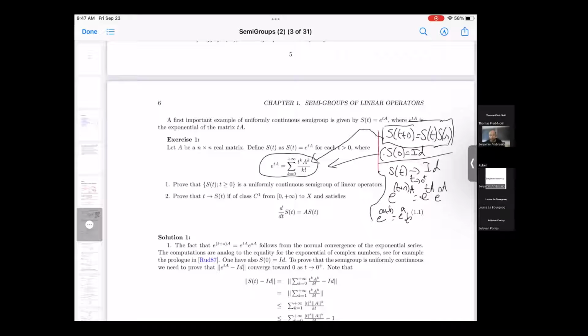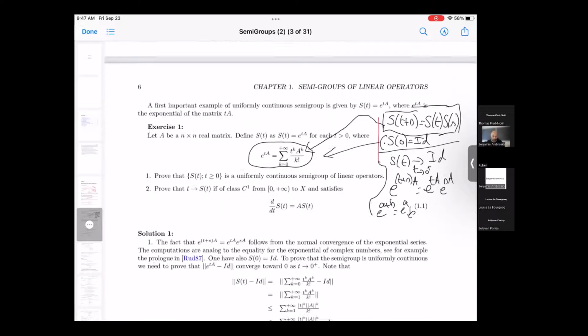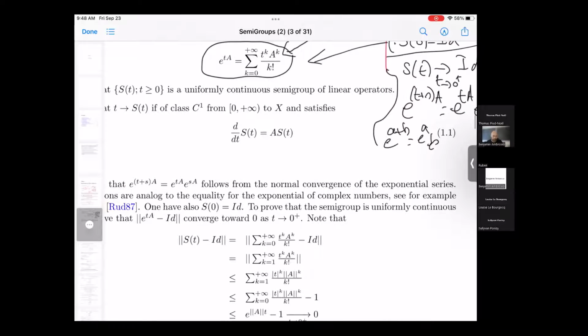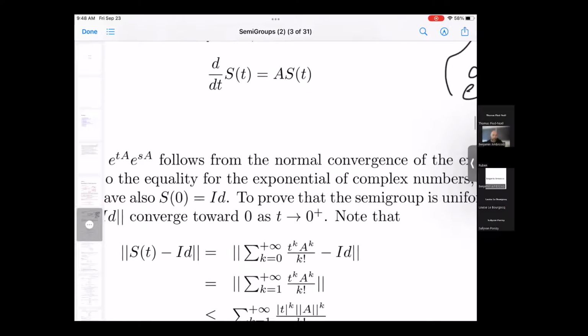So now we are going to prove that the semigroup is actually uniformly continuous. We are considering S of t minus identity in the operator norm. By definition, S of t is defined as this series, so if you take out the identity, it's equivalent to start at 1.